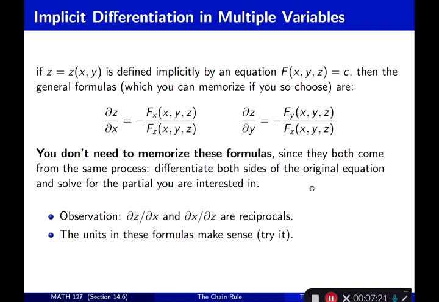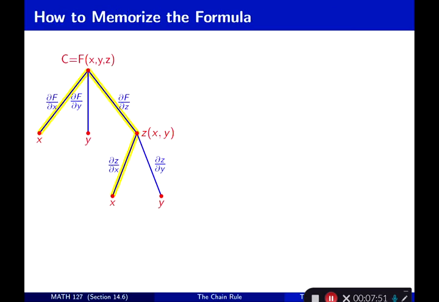And also observe that the partial of z with respect to x and the partial of x with respect to z are going to be reciprocal. And the units in this formula make sense too. That's another thing to remember, that there's a diagonal shape going on.